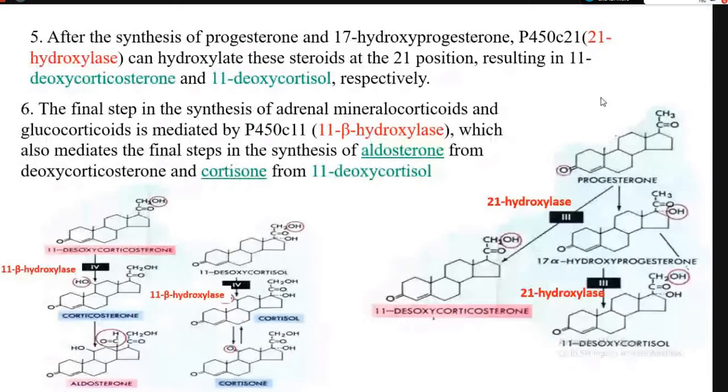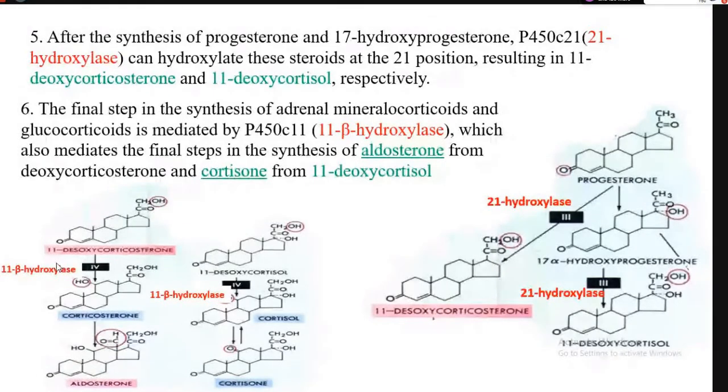I recommend this. The sixth and final step in the synthesis of adrenal mineralocorticoids and glucocorticoids is mediated by 11-beta hydroxylase. So there is 21-hydroxylase and 11-beta hydroxylase, which also mediates the final step in the synthesis of aldosterone from deoxycorticosterone and cortisol from deoxycortisol. Now I am showing you.